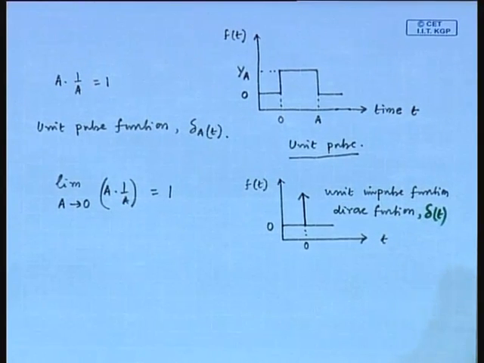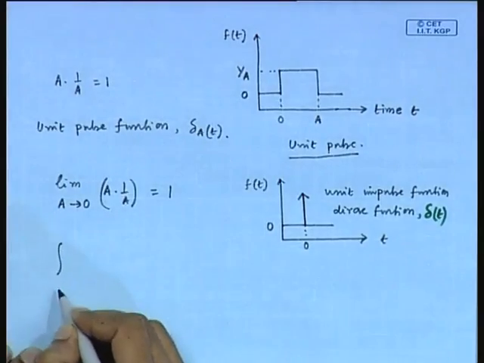So what is the definition of this unit impulse function? It is defined as equal to 0 for all times except time t equals 0.